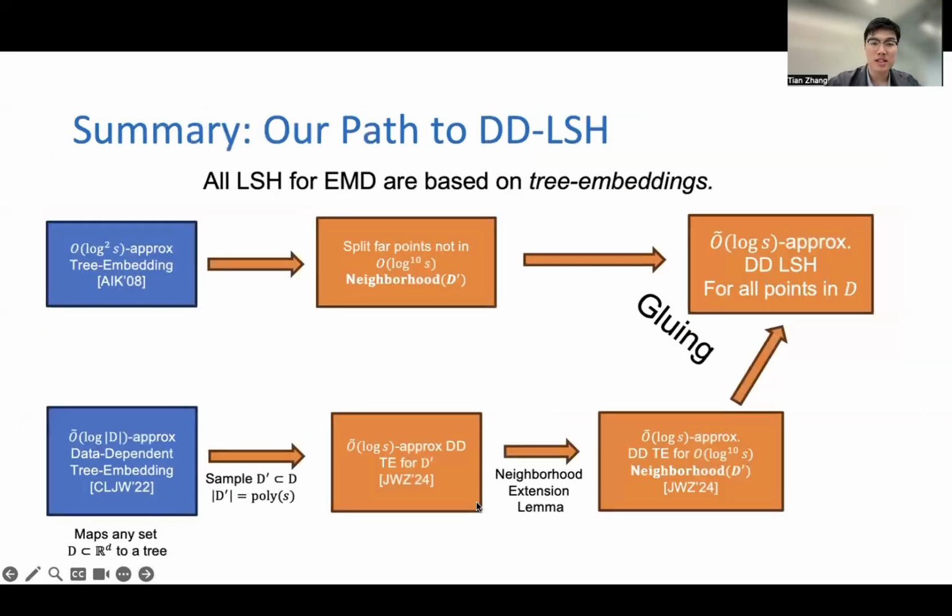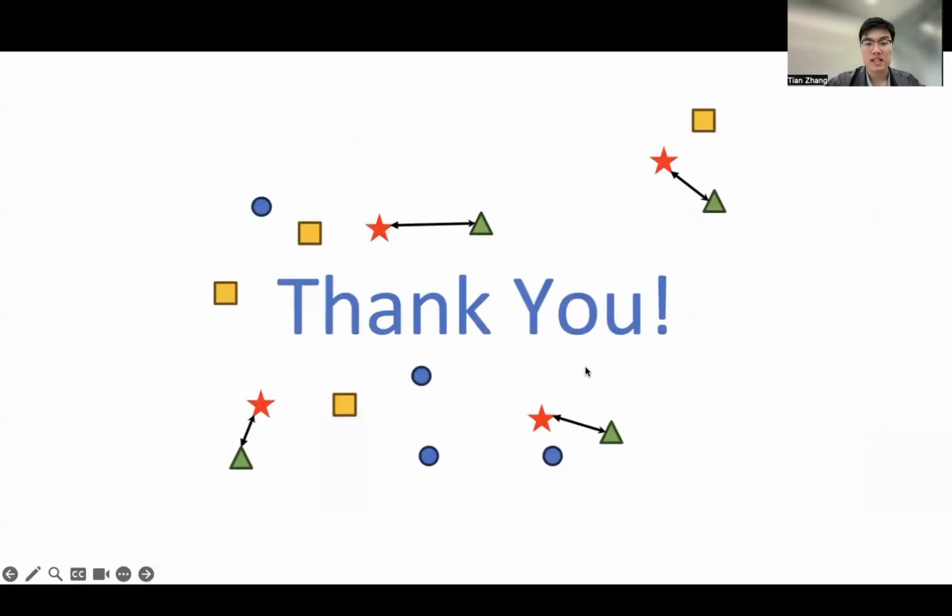So let me just summarize our path here. We have the data independent tree here and the data dependent tree here. So we can glue them together to get our final data dependent LSH for the EMD. That's it. Thank you.